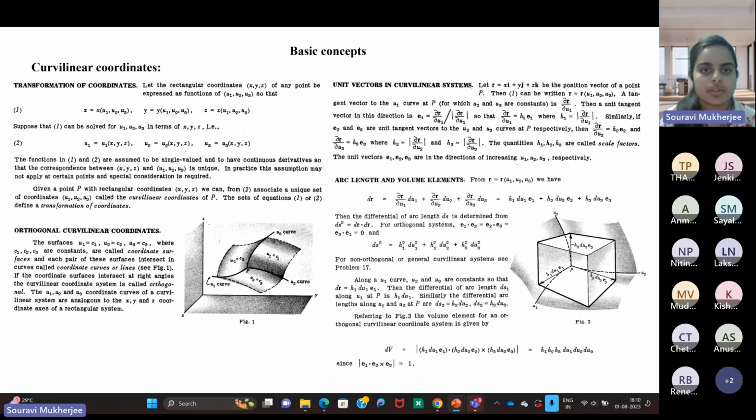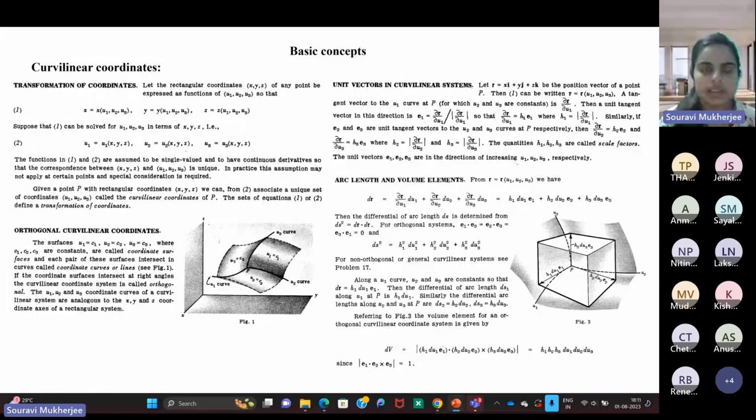Now you move to spherical coordinates, or cylindrical coordinates, or some curvilinear coordinates. Curvilinear means you don't have this rectangular system of axes; you have axes which are like this, so they have some curvature. If you move to that coordinate system, how will your vector change? That's the question we want to address.